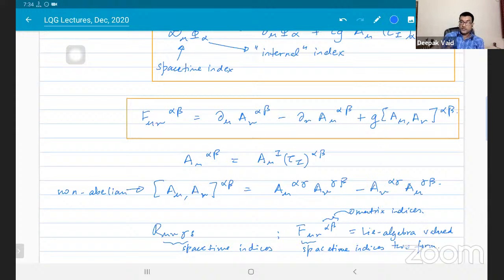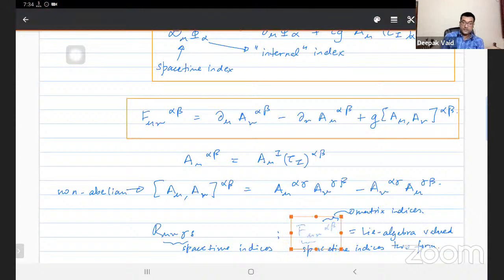And then we will define the curvature tensor, the field strength tensor for SL2C. Then we will show that there is a one-to-one mapping between the curvature tensor of the SL2C connection and the ordinary spacetime, the Riemannian curvature.